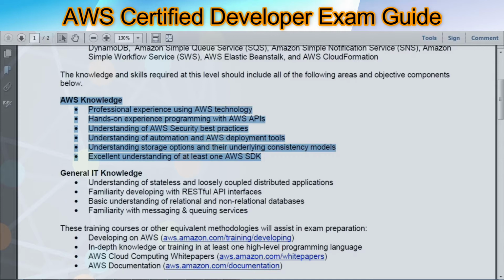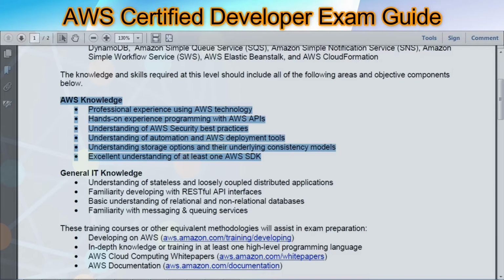The two that we'll be looking at are Elastic Beanstalk as far as deployment, as well as AWS CloudFormation as far as automation. They also expect that you have an understanding of the various storage options and their underlying consistency models. So we will be looking very deeply into Amazon S3, or Simple Storage Service, but we'll also touch on CloudFront and Amazon Glacier as well.